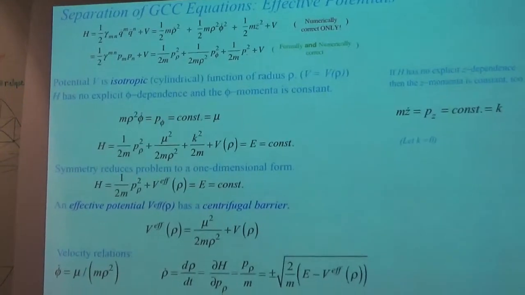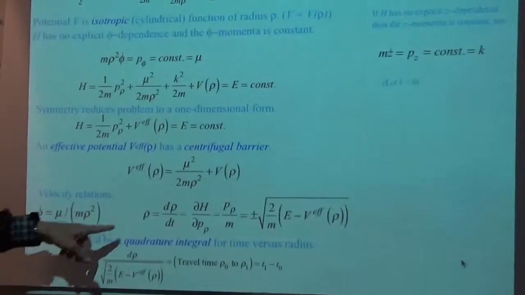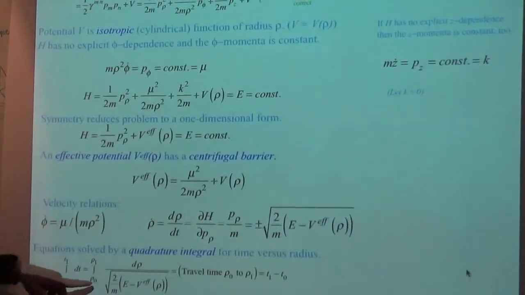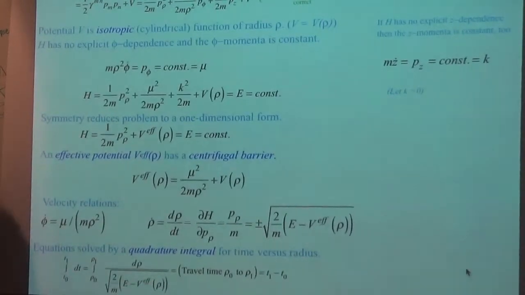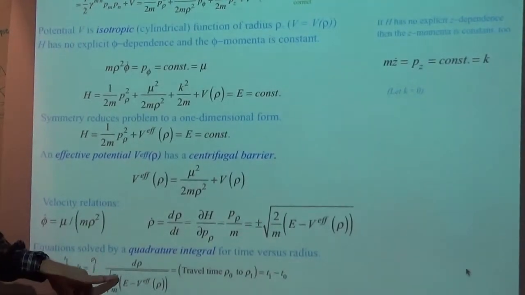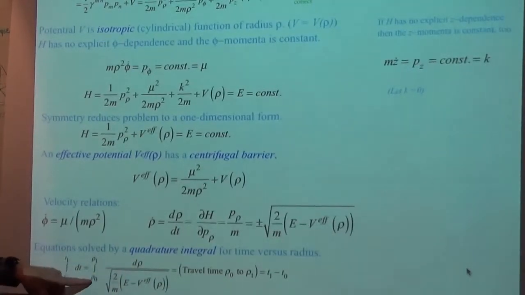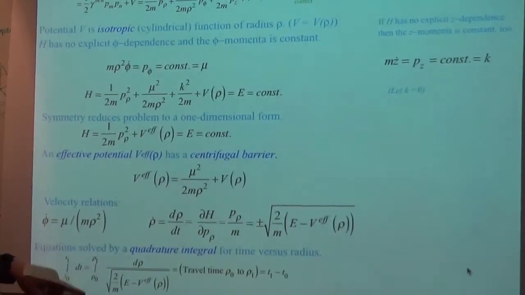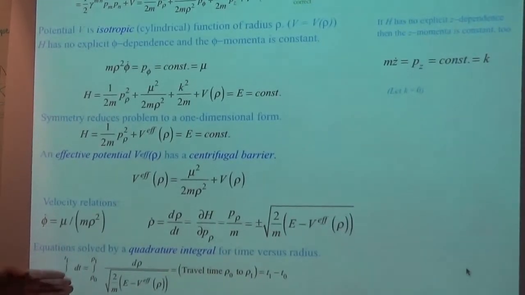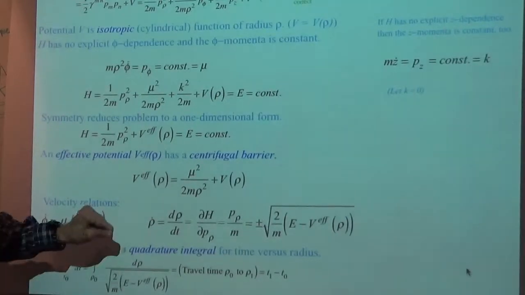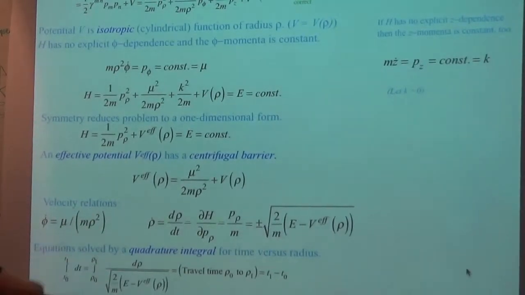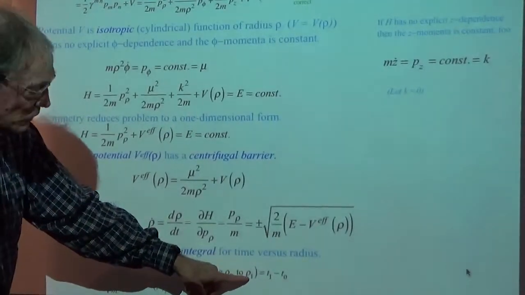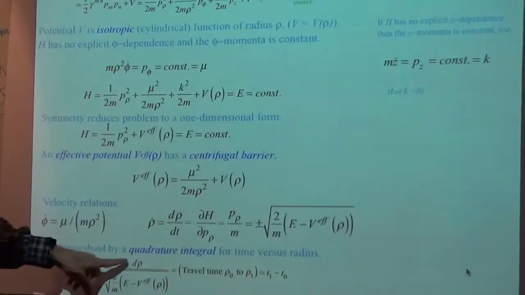Okay, now, having gotten the time derivative, then if need be, you can usually numerically evaluate an integral with respect to the radius from any particular initial radius to whatever final radius, and that would give you the time that it takes to execute that particular motion, that is the travel time going from radius 0 to rho 1, presumably given by this integral.